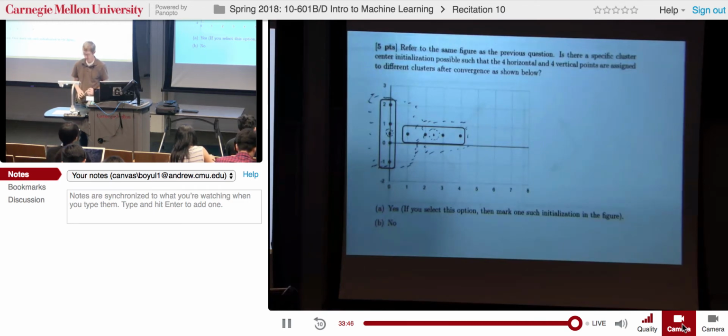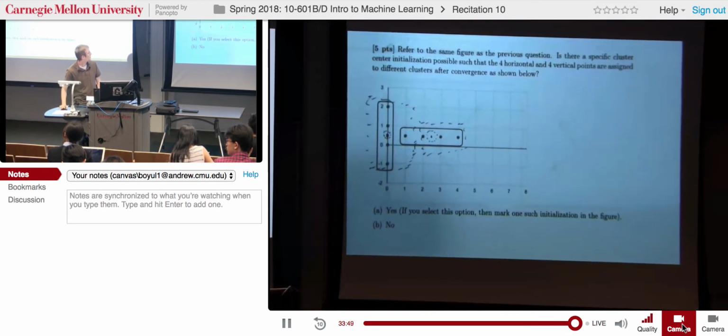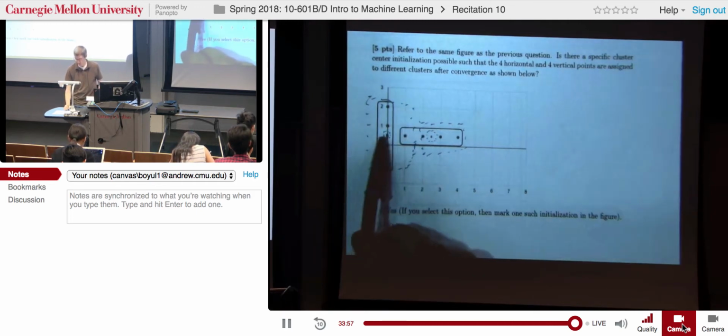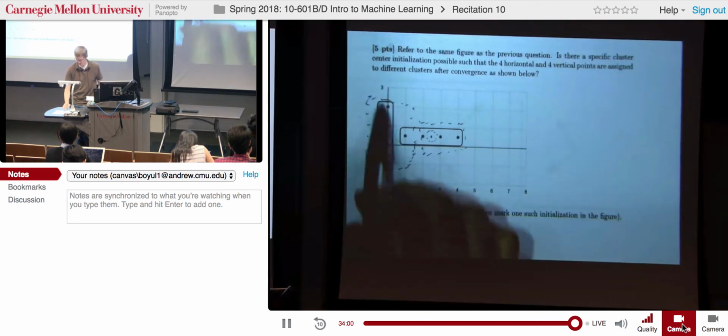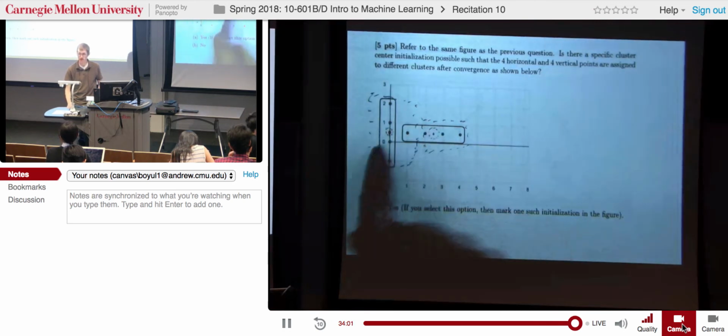So we've assigned points to cluster centers, and then we define new centers. We can do this exactly. We have 4 points that are all kind of around this one, so the y coordinate will be 0.5, and then 4 points with an x coordinate of 0, and 1 with 1.